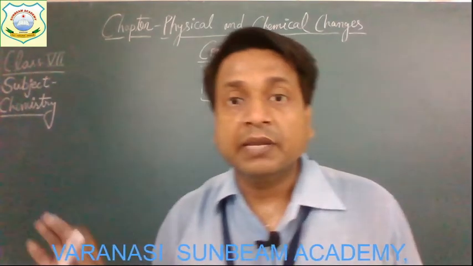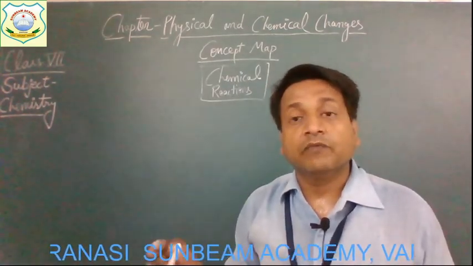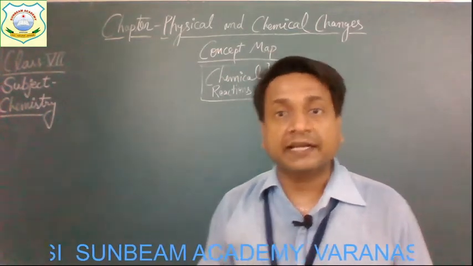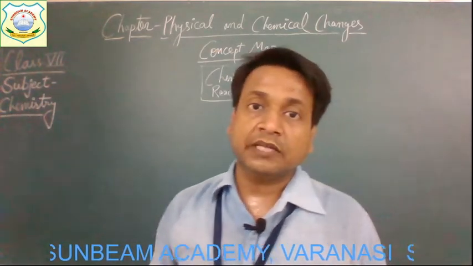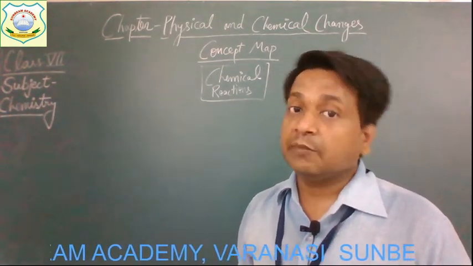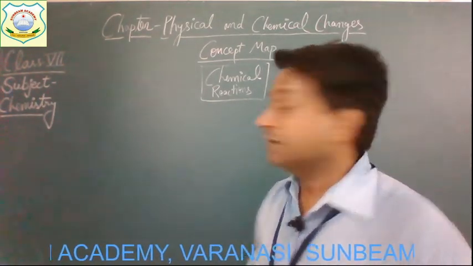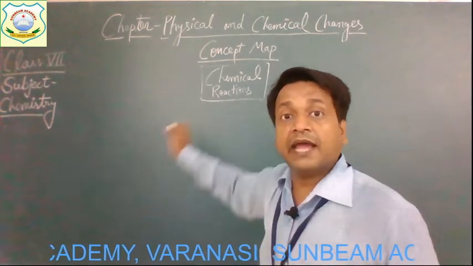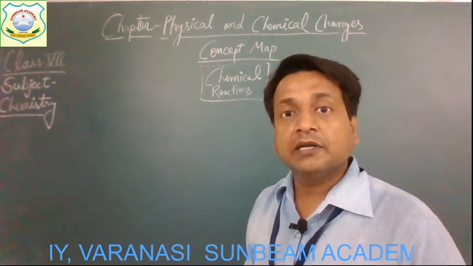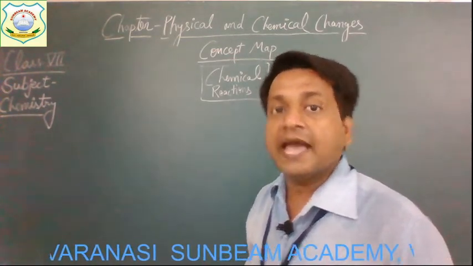Okay, children, what are chemical reactions? When different substances, the reactants, react together and form a new product. Okay, so it is known as a chemical reaction. And these chemical reactions have certain characteristics. So we have explained in the chapter the characteristics of chemical reactions.